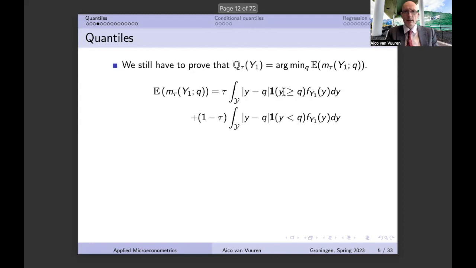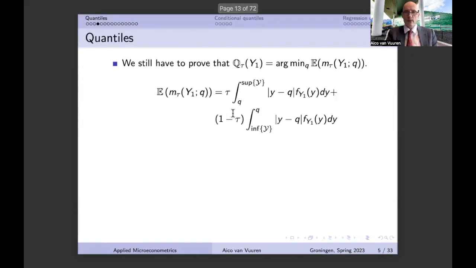The nice thing is that I then do not have this indicator function anymore. And I can do exactly the same thing with respect to this one. This is an integral over, again, the whole support, but it's only different from 0 at the moment that y is smaller than q. So instead of integrating over the whole support, we can as well integrate from the infimum up till q.